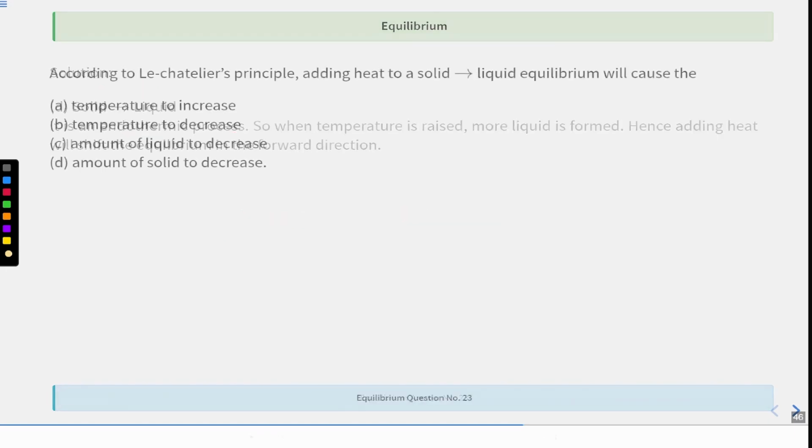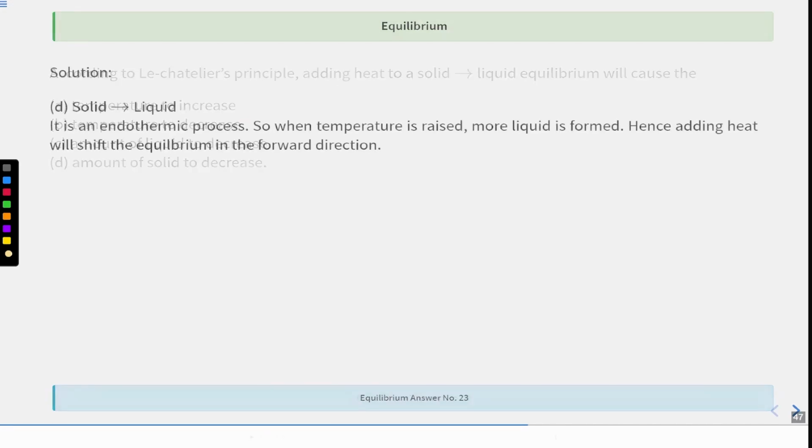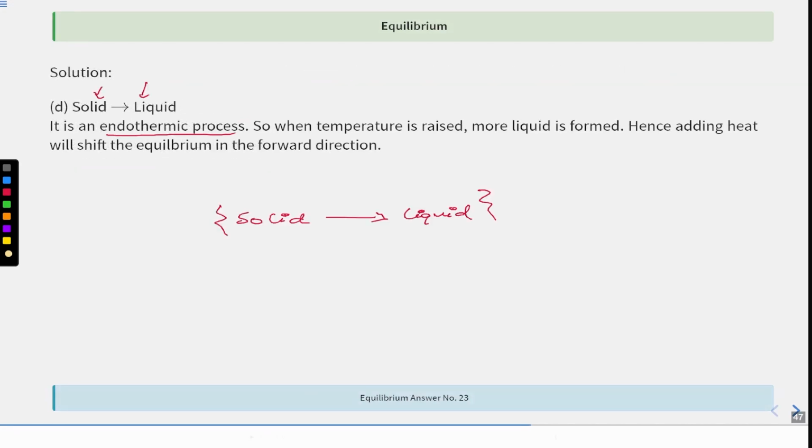Now, what you are telling is that you are adding heat at equilibrium. Because you are adding heat, and it is already an endothermic process, more energy will be absorbed, right?